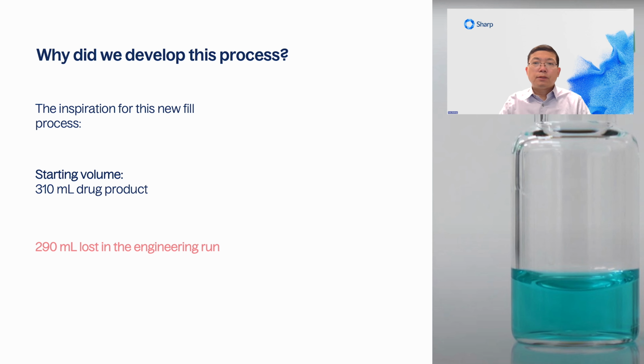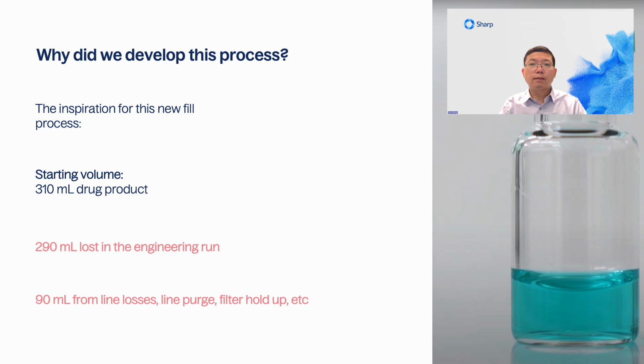When we mapped out where this loss came from, about 180 milliliter was filled, but the units went to quality control and release testing, which included a sterility test validation procedure.